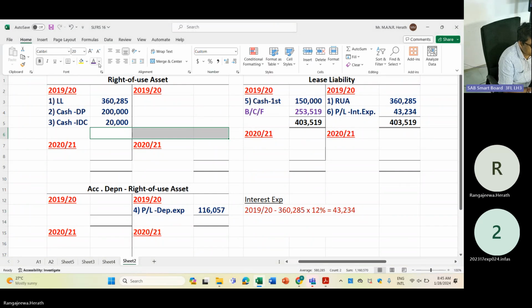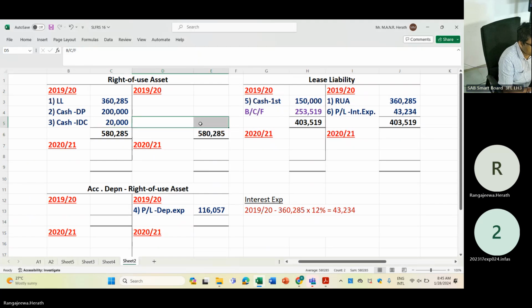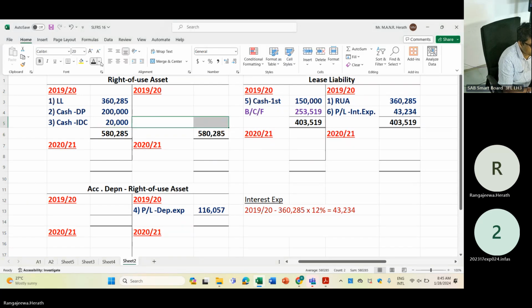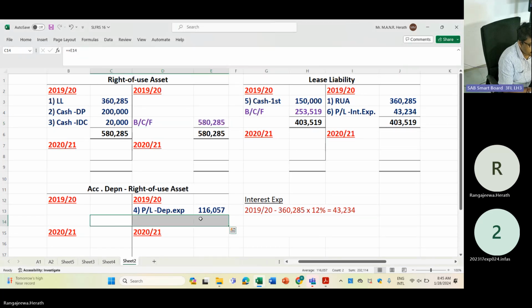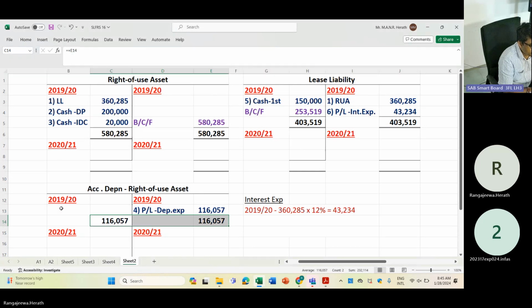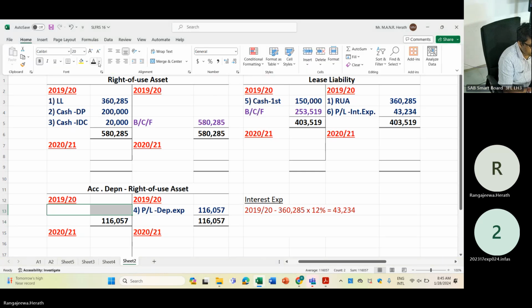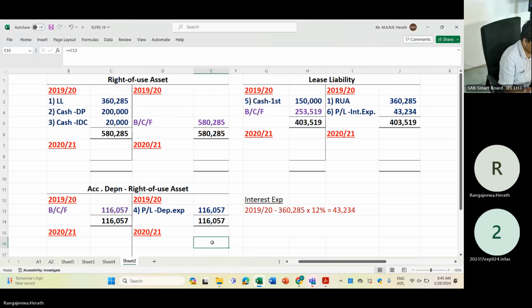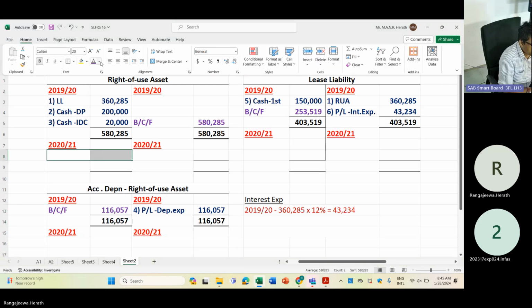Right of use asset, we have the carried forward balance 580,285. And accumulated depreciation, we have the carried forward balance 116,000. So the right of use asset has a 464,000 balance as the opening balance next year.